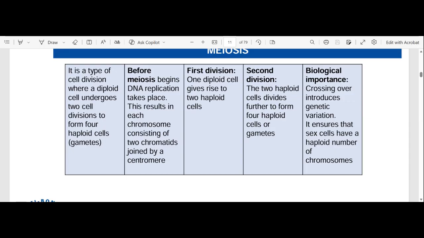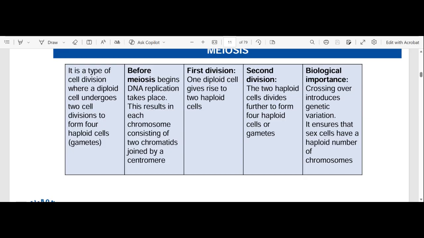From diploid to haploid. Haploid is just one set. In humans, it's 23 chromosomes, right? So in the first division, one diploid cell gives rise to two haploid cells.